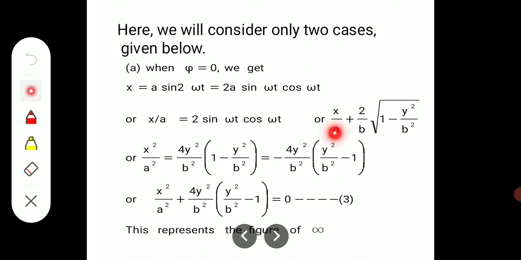So here x by a equals 2 y by b times square root of 1 minus y square by b square. After simplification we get the equation x square by a square plus 4 y square by b square into (y square by b square minus 1) equal to 0. This equation represents the figure of infinity.